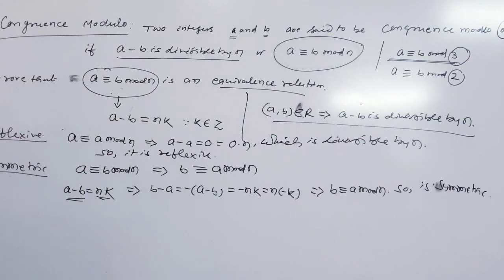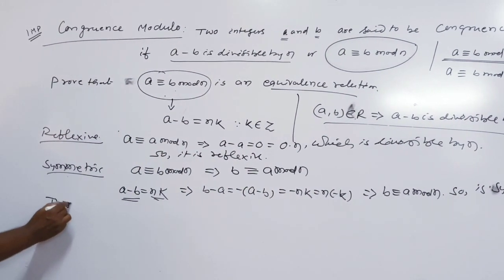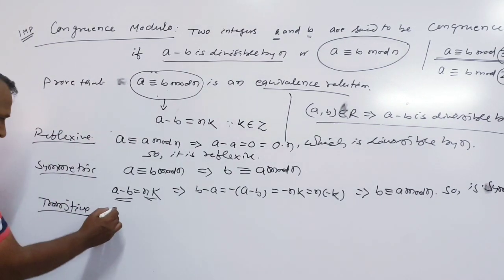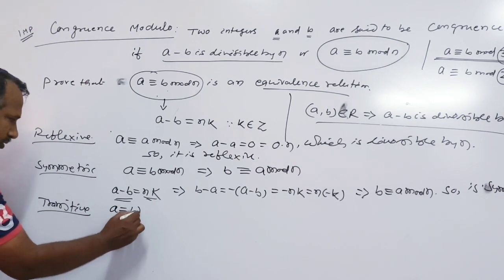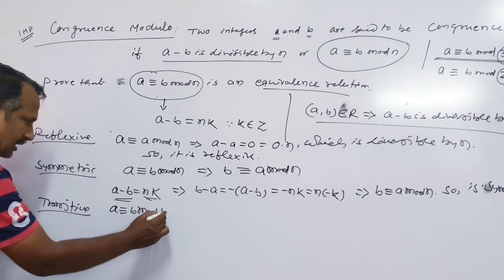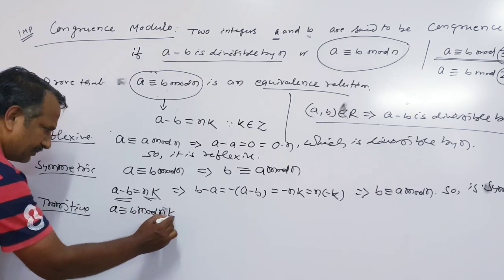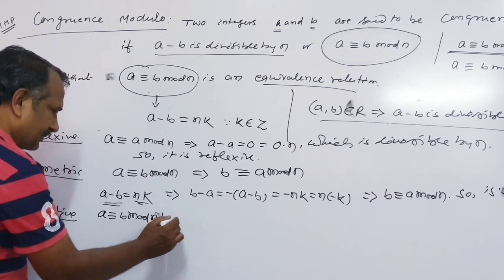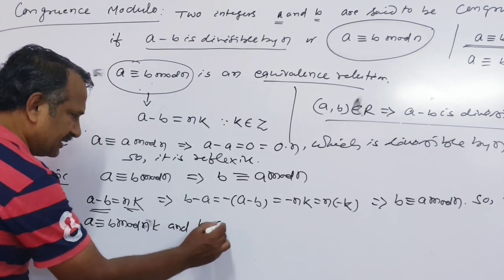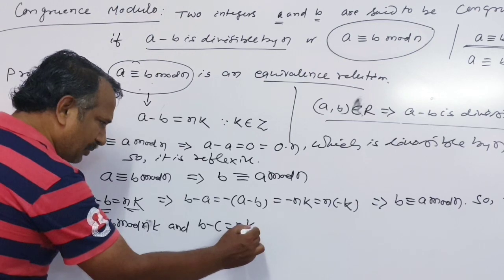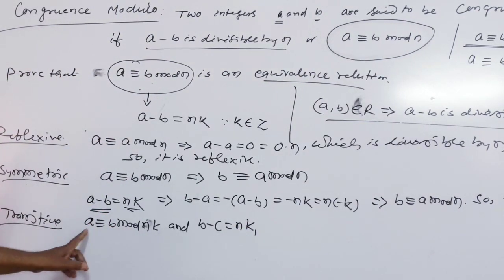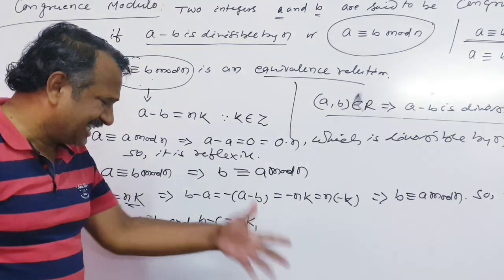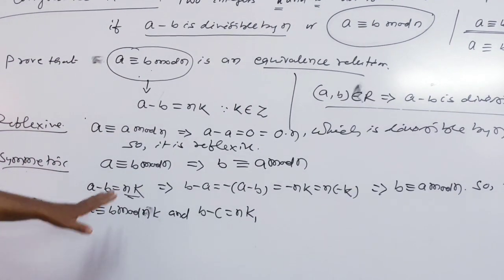Now the third case is transitive. Okay. Now a is congruent to b mod n, let us say a minus b equals n k1, and b minus c equals n k2. Not the same number, because a minus b equals nk and b minus c is n into k2, not the same nk, but both are divisible by n.